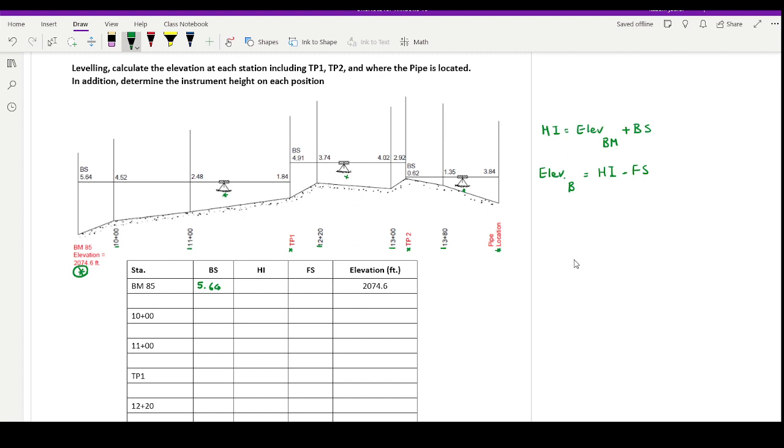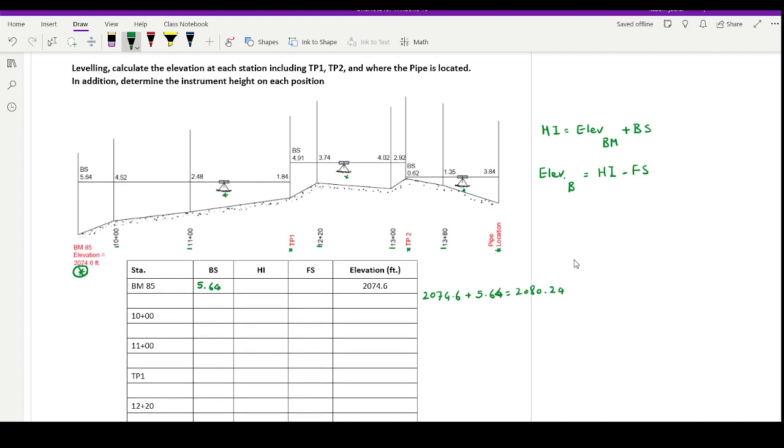So height of instrument is equal to 2074.6, which is elevation at benchmark, plus 5.64, and that's going to give us 2080.24.